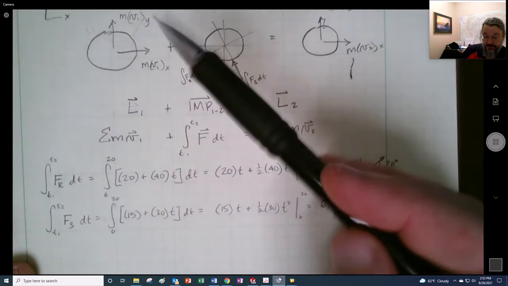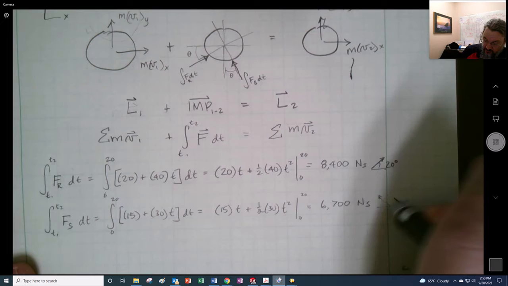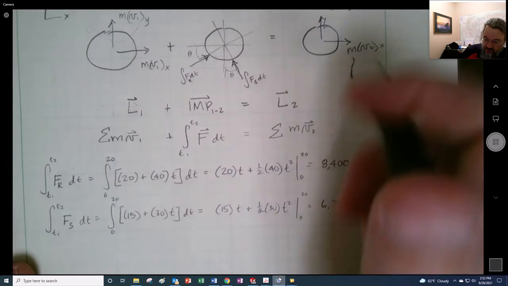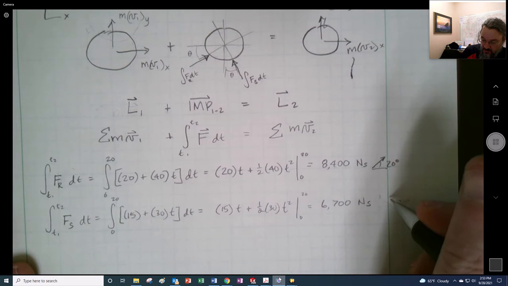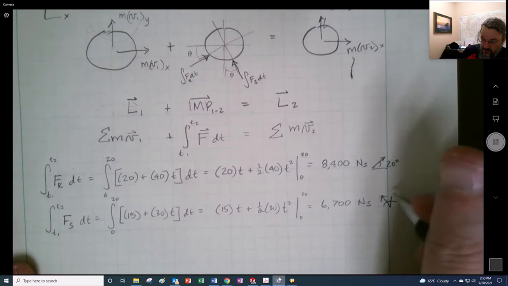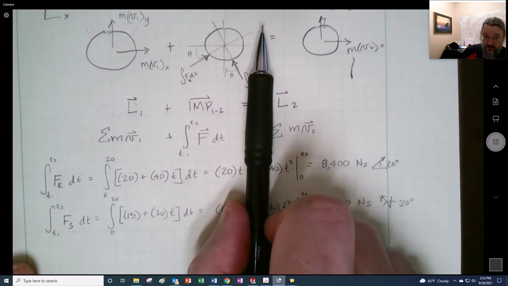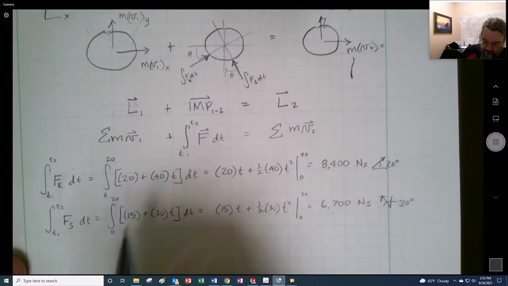Because of the way that I wrote this, I usually want it referencing the horizontal, but the way that I drew it right here, I'm going to draw that way, right there. So that's going to be 20 degrees that way. So it's coming 20 degrees from vertical that way.